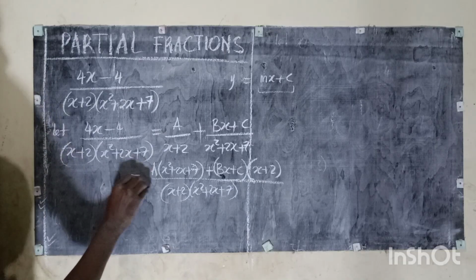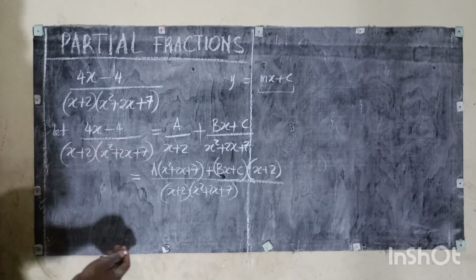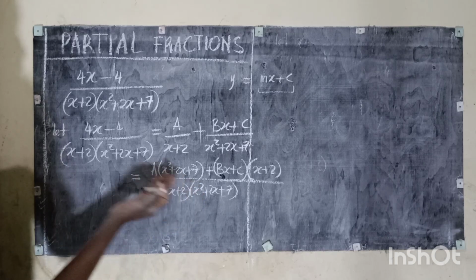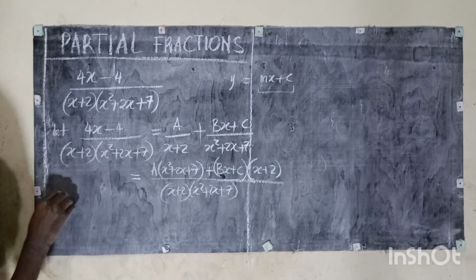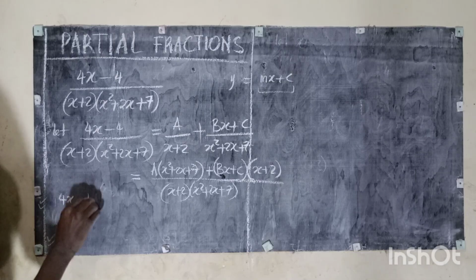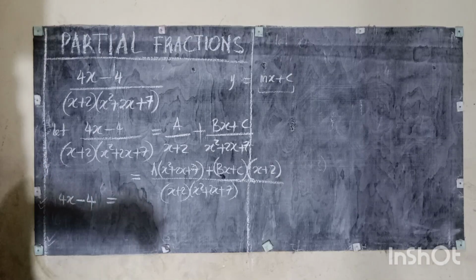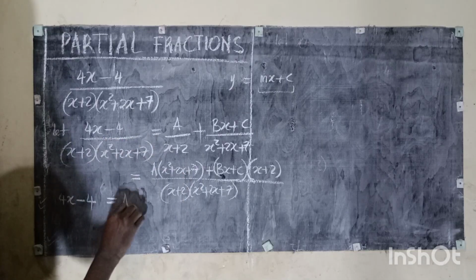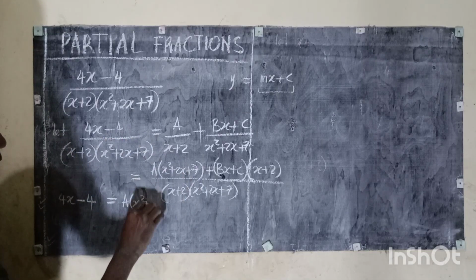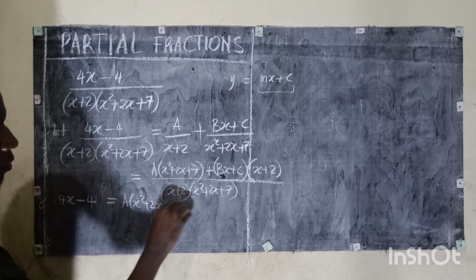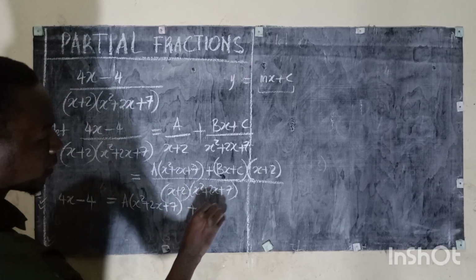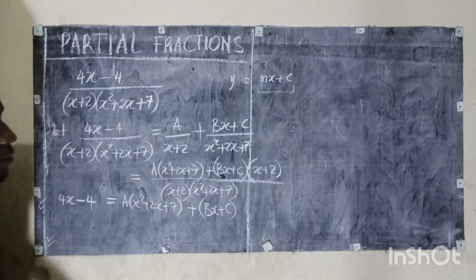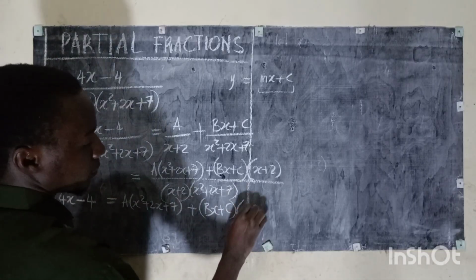So I can write this again, but to save my time, seeing that the denominators are the same, it implies that the numerators are the same for this to be equal to this. So this is equal to a into x squared plus 2x plus 7 plus bx plus c into that.